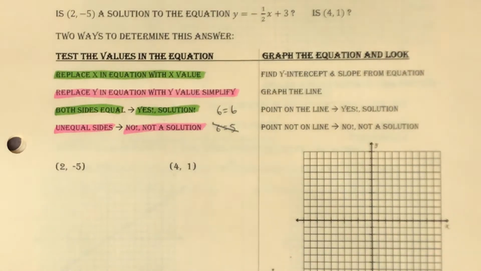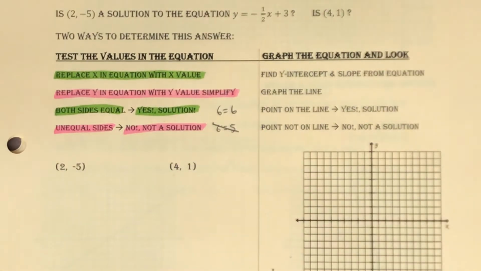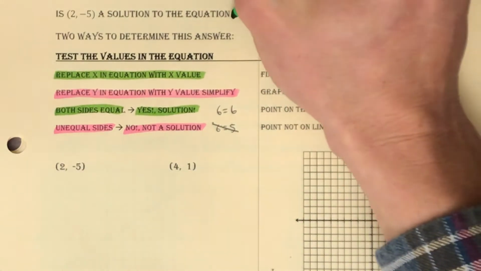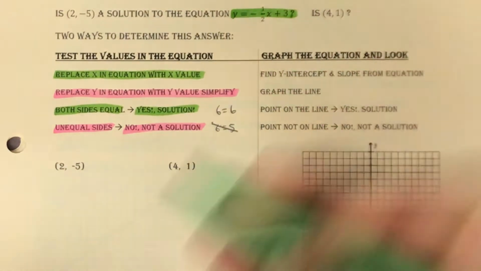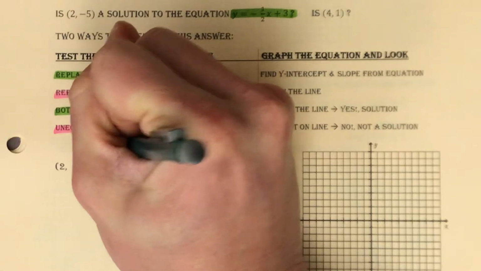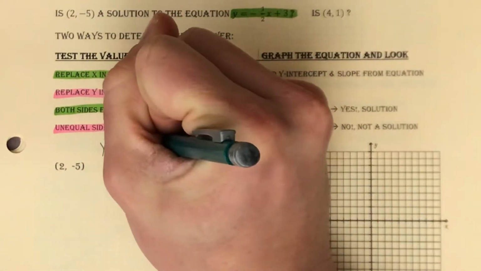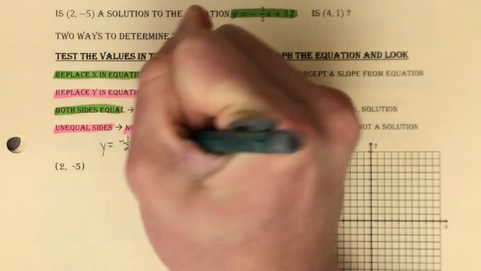All right, let's take a look. Our first one that they asked us about was (2, -5), and they want us to see if it is a solution to the equation y equals -1/2 x plus 3. I'm going to write that down here to remind myself: y equals -1/2 x plus 3.